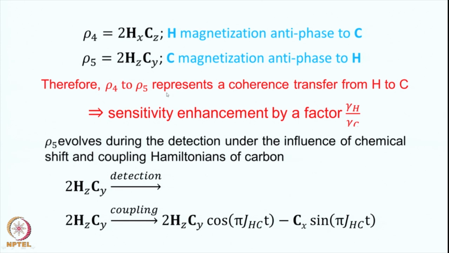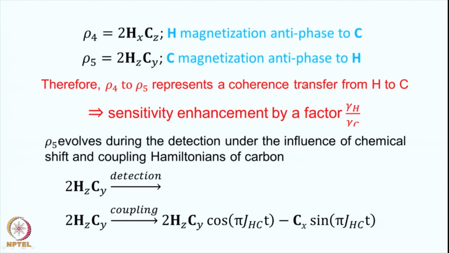What is the meaning of this? This means there is a significant sensitivity enhancement of the carbon magnetization, by a factor gamma H by gamma C, because proton magnetization is determined by the gyromagnetic ratio of proton, and the carbon magnetization is normally determined by the gyromagnetic ratio of carbon.